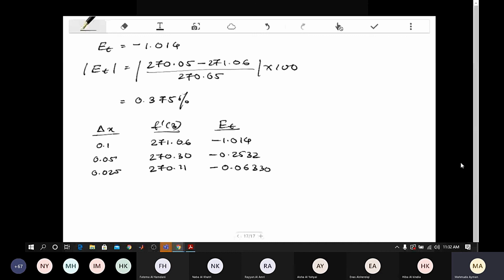So what you can see here is when we are halving or dividing the delta x by 2, the true error here is now getting quartered, not halved like for forward divided difference and backward divided difference, but quartered. So that is one of the reasons why we have arrived at a better approximation using the central divided difference rather than forward divided difference and backward divided difference. So is everything clear until now?